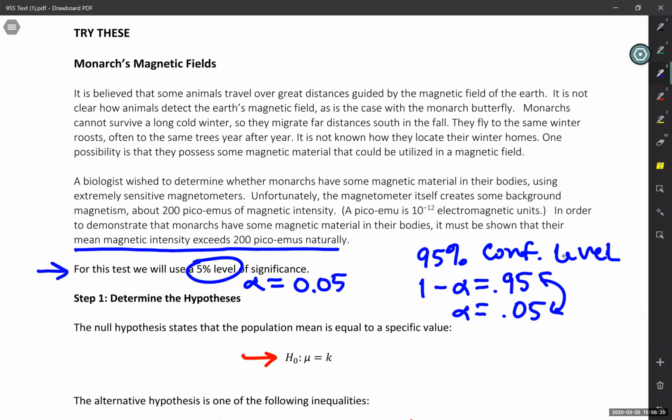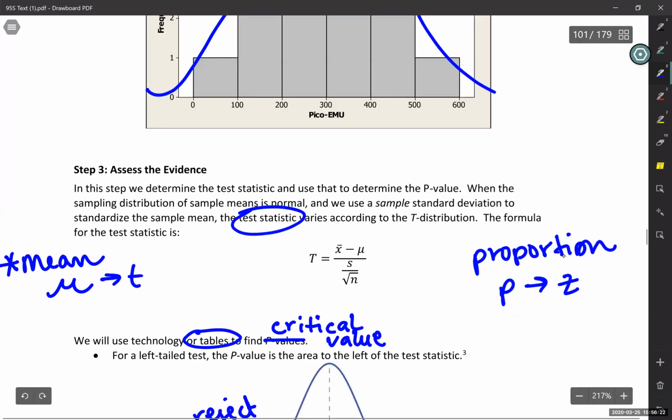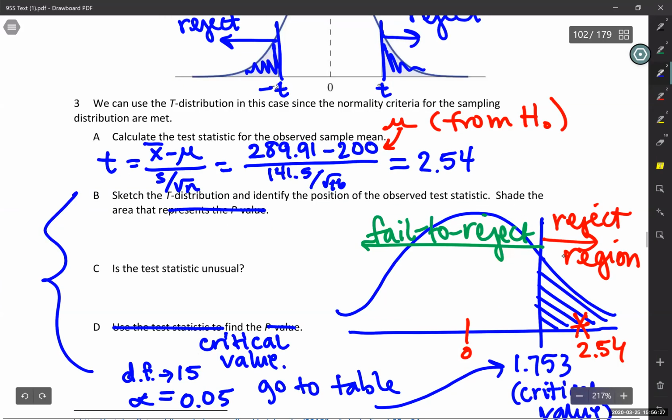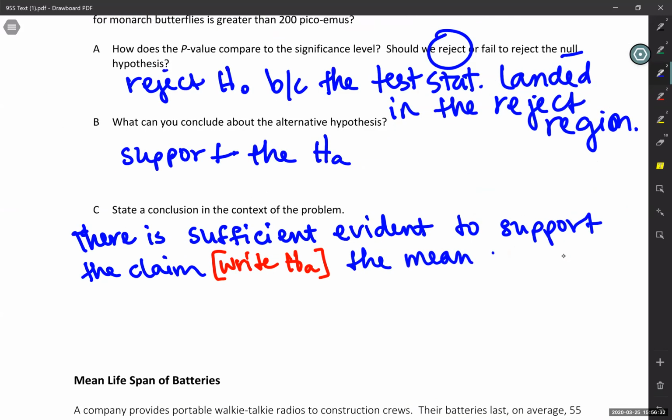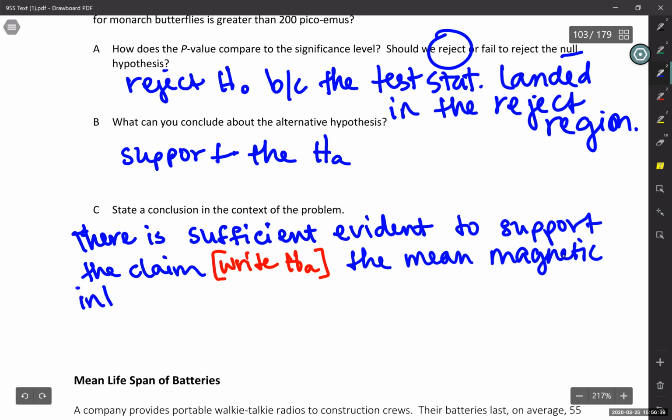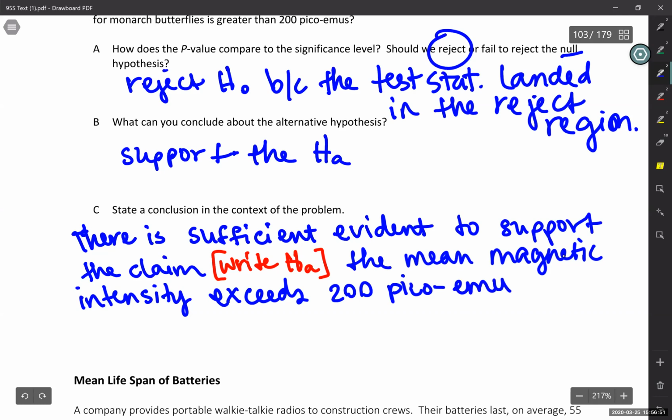So going back, the mean magnetic intensity exceeds 200 picoemos. Naturally.